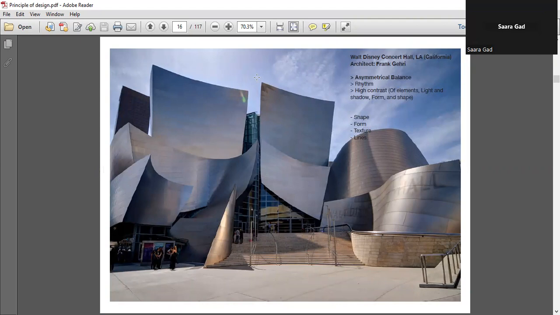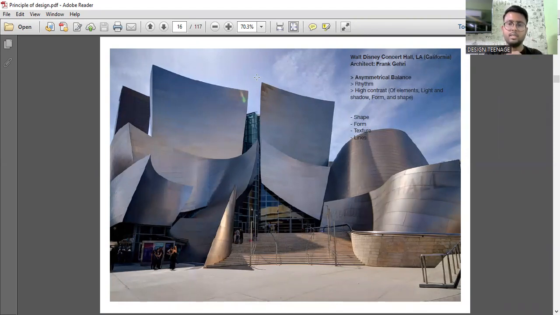For example, this particular composition, as soon as you see it, or something similar to this, the very first thing which should come to your mind is, okay, this is the Walt Disney Concert Hall in Los Angeles, California, built by Frank Gehry. This is again a very good example of asymmetrical balance, and it is carried out in terms of form, shape, texture, everything is different.